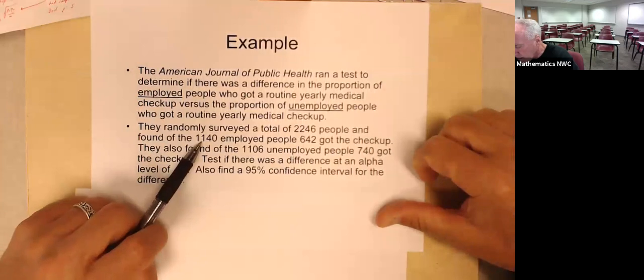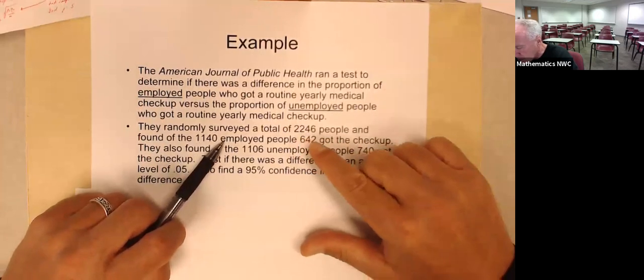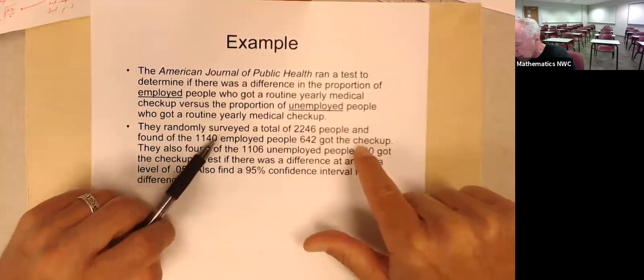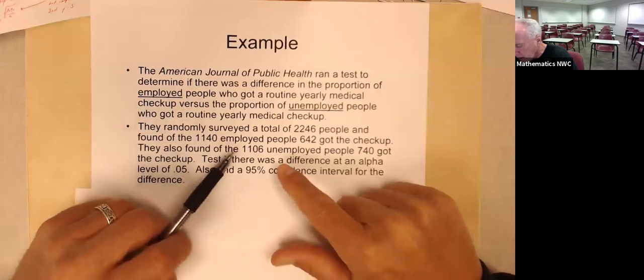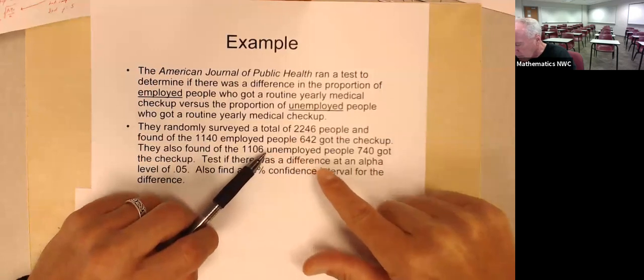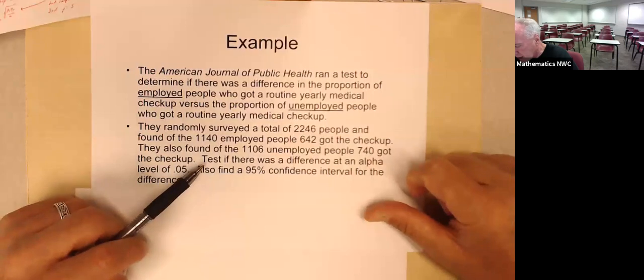The first part given is the 1,140 were the employed people out of this 2,246. Of these employed people, 642 had gotten a checkup. The other part of the overall group, 1,106 were unemployed. They found that 740 got the checkup.